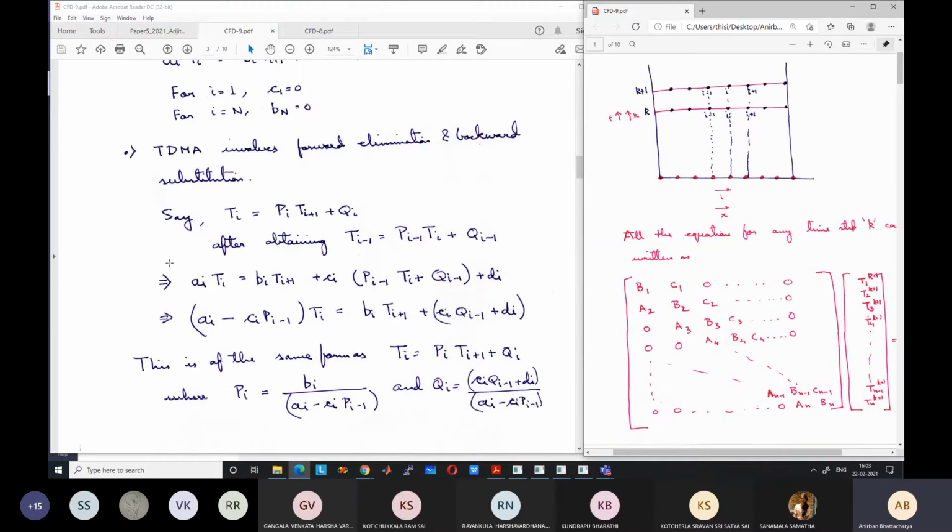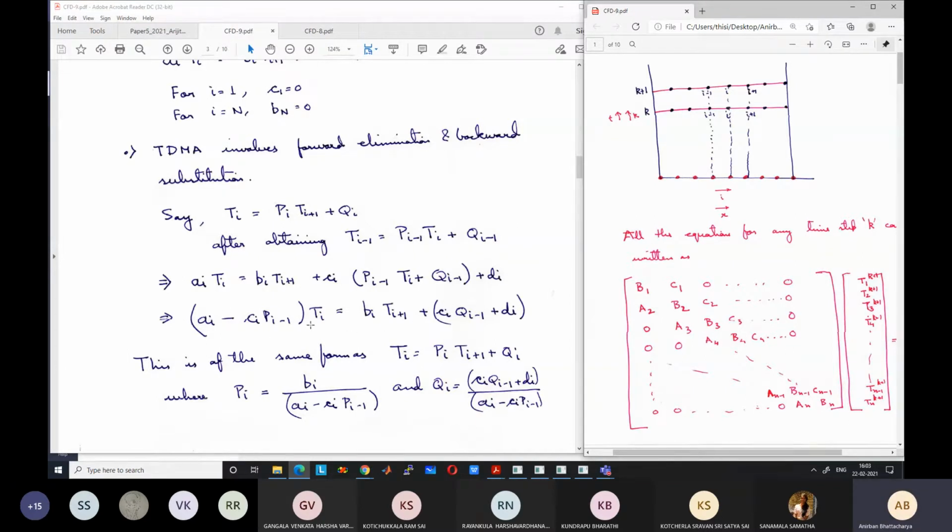Now if I take all the T_i terms together, I have one additional term, c_i P_{i-1}, which I take to the left-hand side. So (a_i - c_i P_{i-1}) T_i is equal to a single T_{i+1} term, b_i T_{i+1}, plus all the other terms together, c_i Q_{i-1} + d_i.